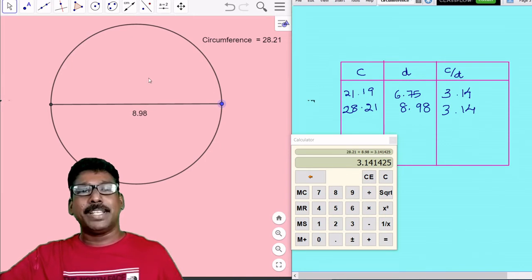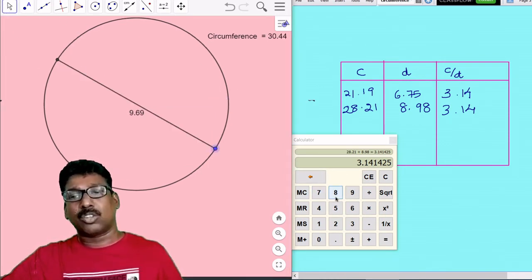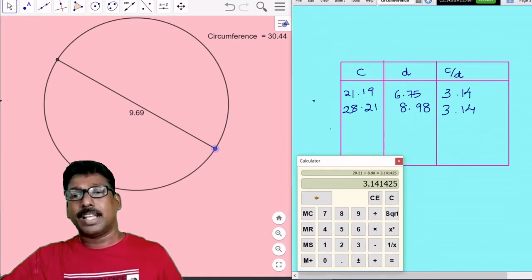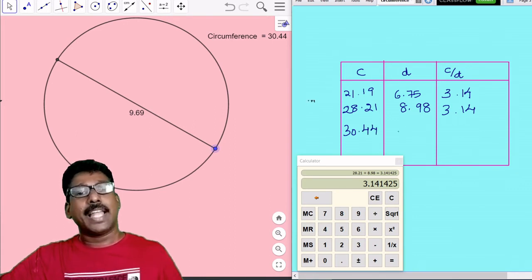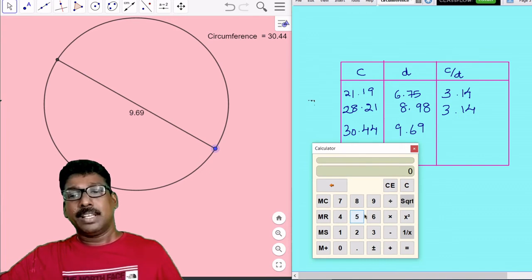Now let me erase this again. Here the circumference you can write as 30.44 and the diameter is 9.69. Do divide it. What will you get? It is 30.44 divided by 9.69.